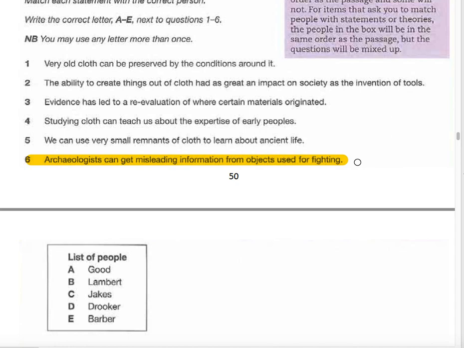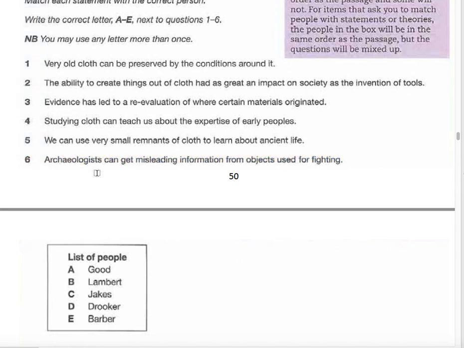So it says here that they can get misleading information, means the wrong information, from the objects that were used in fighting or battle. Okay. Could be, yep.